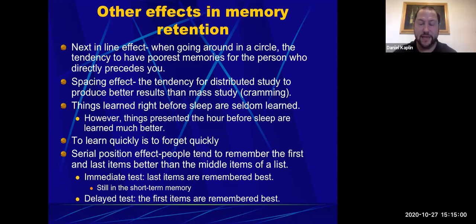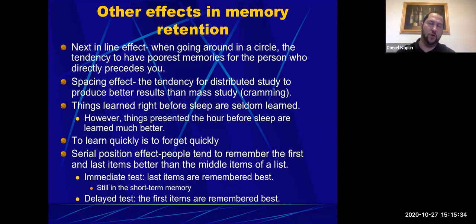Another thing we see is that people tend to not remember the things right before they went to sleep. And I'm not talking about your regular nighttime. So there are people who will stay up all night before a test. This is actually a bad practice. It's better to get a good night's rest and then approach it in the morning, because when you're studying through the night, your eyes start glazing over and you're not encoding anything.